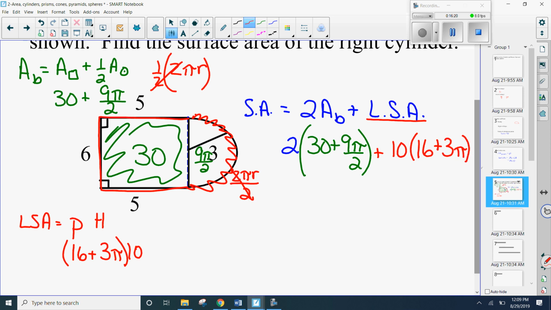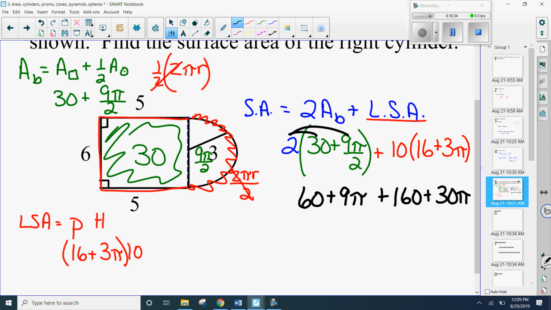All right. Now to solve, you have to use the distributive property. What's that going to give you in the first part? 60 plus 9 pi. The second part's going to be 160 plus 30 pi. And I can group these two together to give you 220 plus 39 pi.